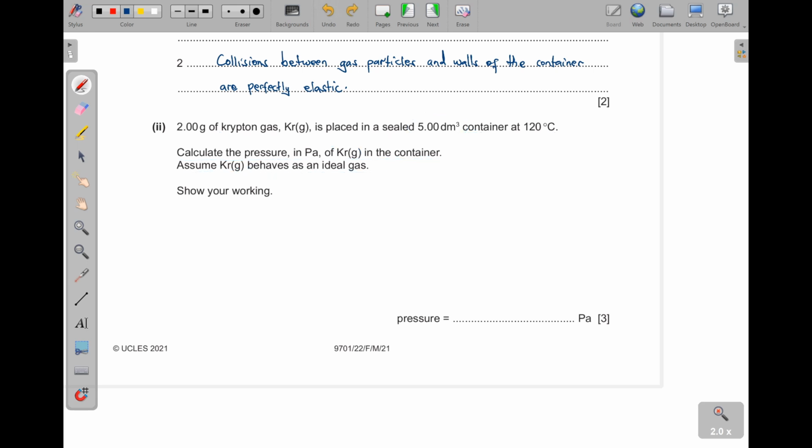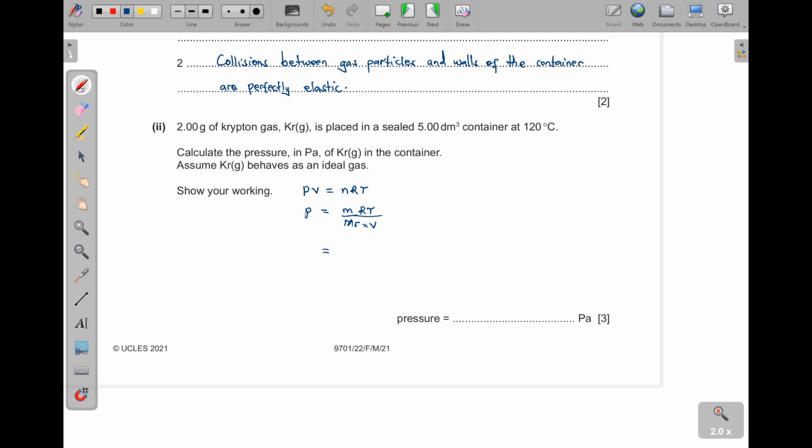Assume krypton gas behaves as an ideal gas. Of course, here, now we are going to use the ideal gas equation, which states that PV is equal to nRT. And n is the same as mass over the Mr, times the RT here. Now, when I divide through by volume, it will come here.